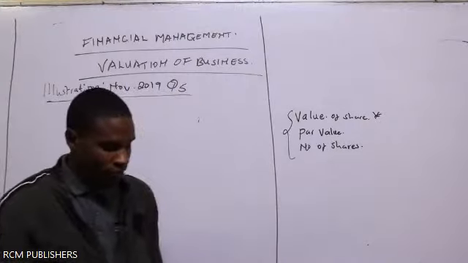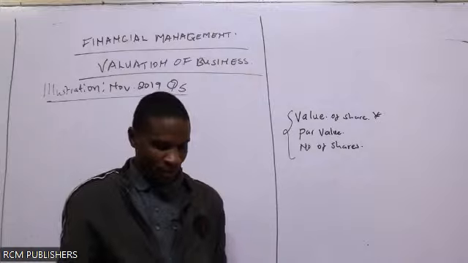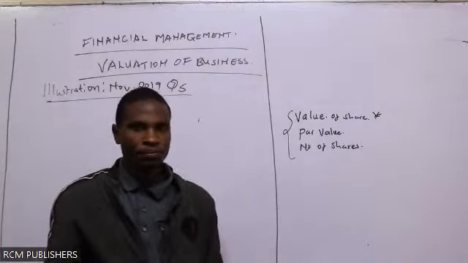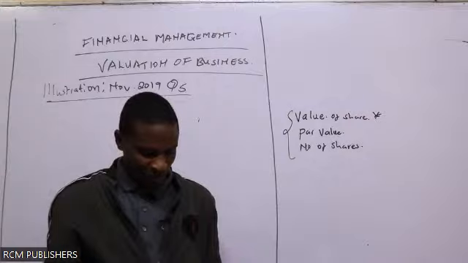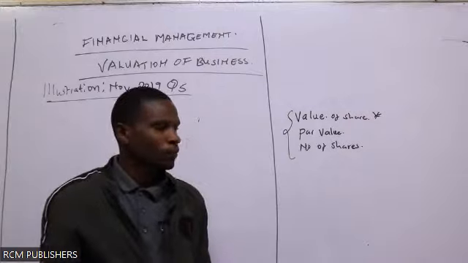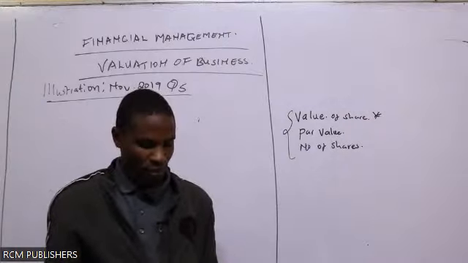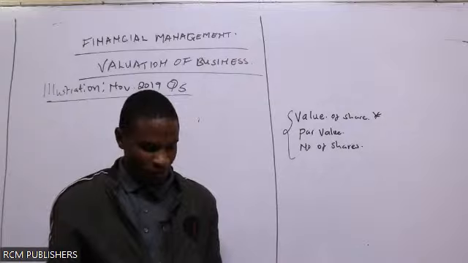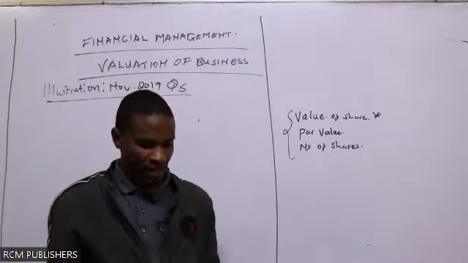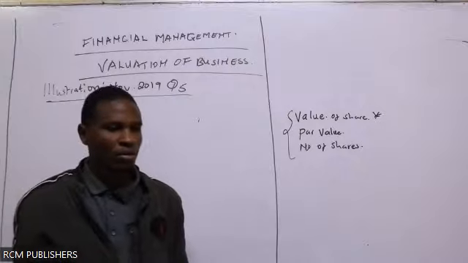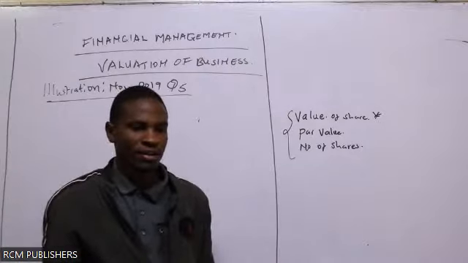So in this case, what we have been given, we can first of all have the formula of getting the value of shares using dividend per share and also the cost of capital provided.